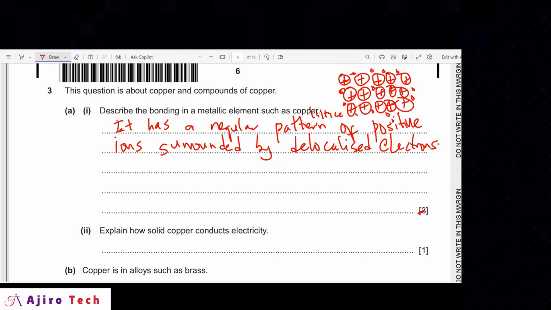Okay, so full stop. Now we could also add that these delocalized electrons, sorry, let me erase this, let's pluralize it.